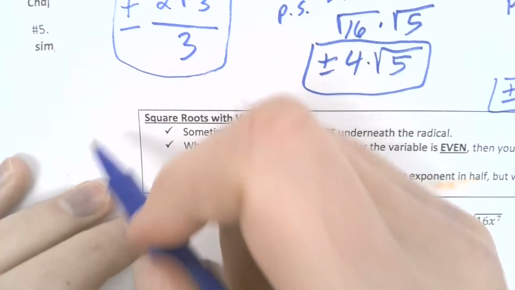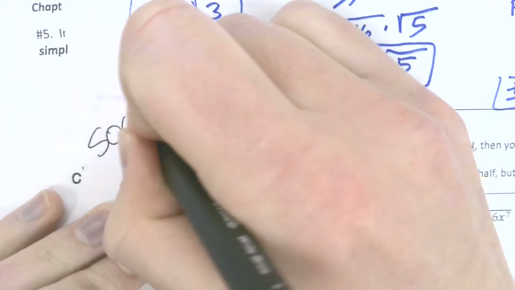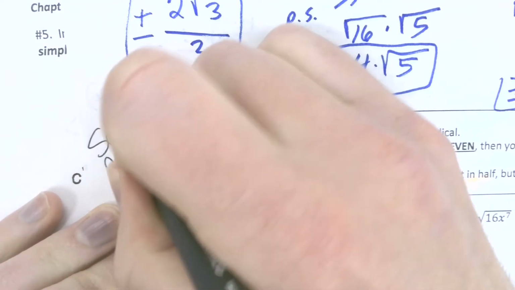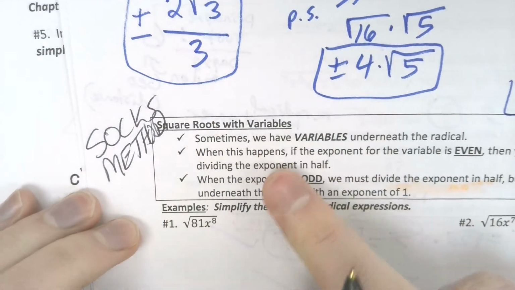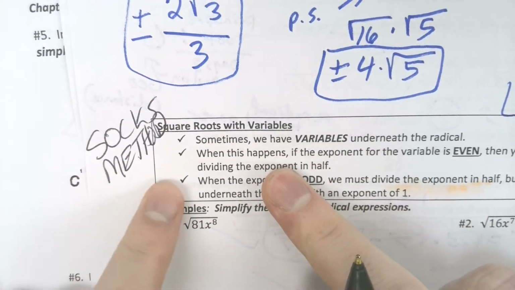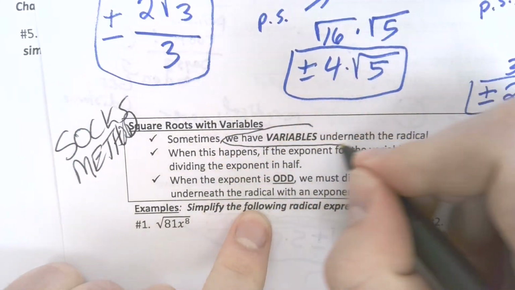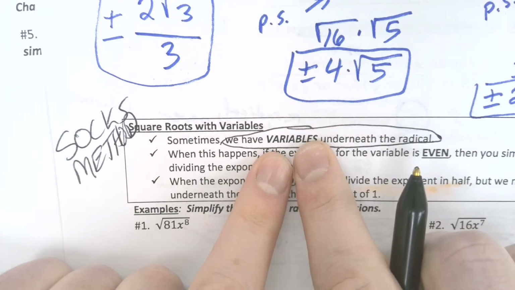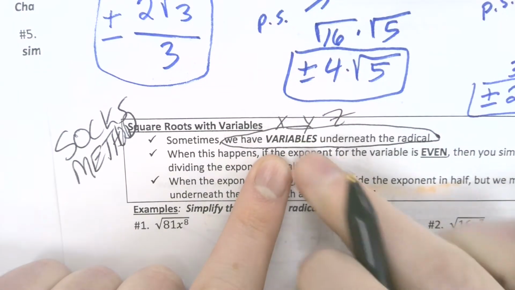Now, I'm about to introduce you guys to one of my favorite methods. I call it the SOX method. And if you've had me before, you may have seen this before, the SOX method. This is what we use whenever we have variables underneath the radical. So if you have x, y, z, all that good stuff.